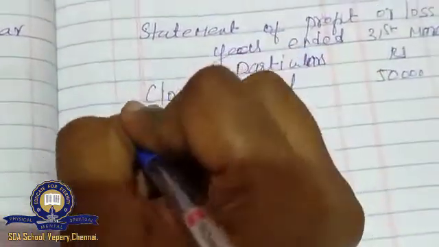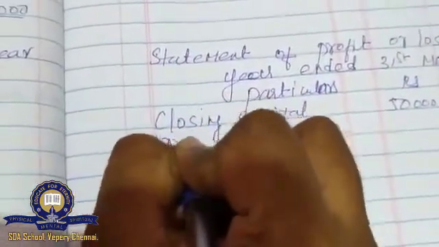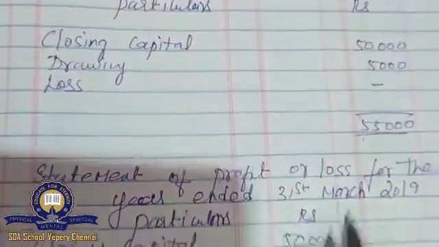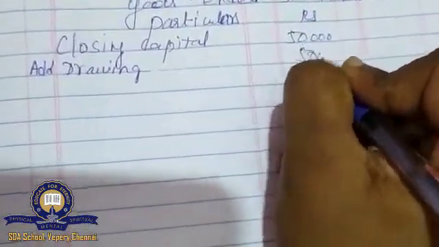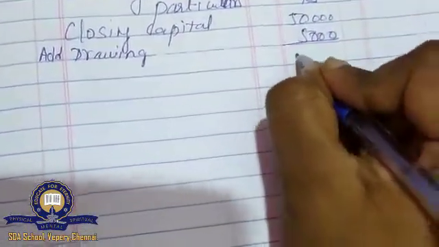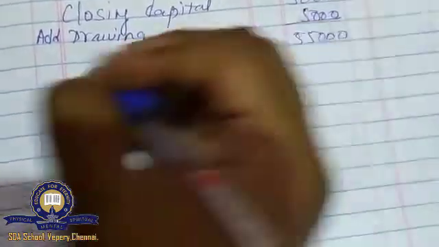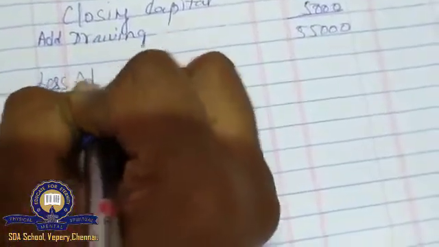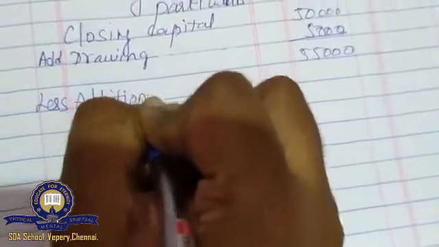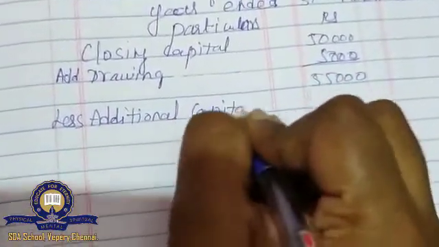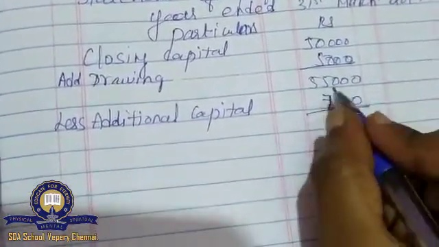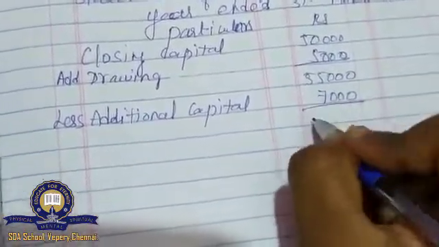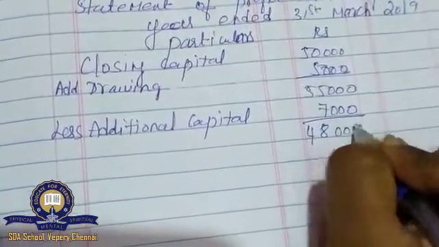Then add drawing. What you have found as the drawing amount, 5,000, just add the 5,000. Then you add, it becomes 55,000. Then less additional capital. What is the additional capital amount? 7,000. 55,000 minus 7,000, you will get 48,000.